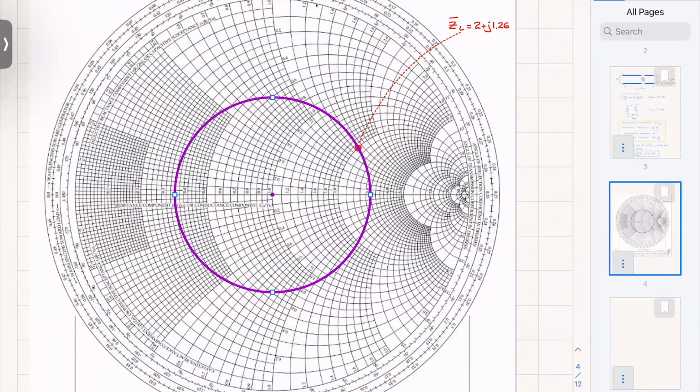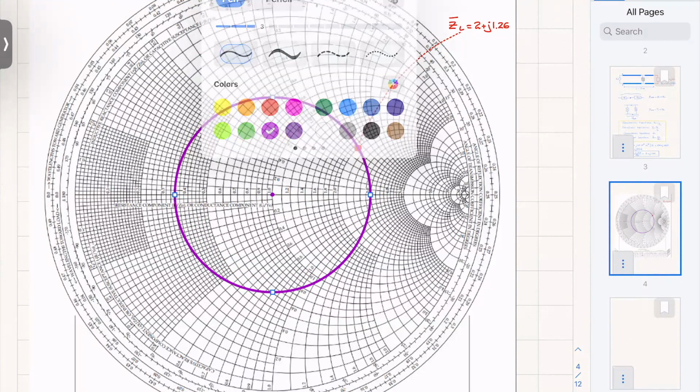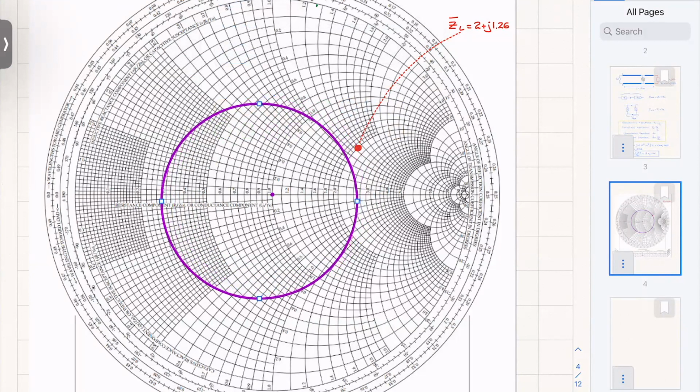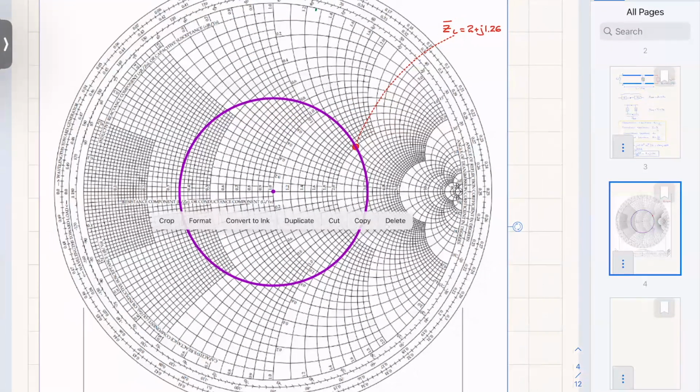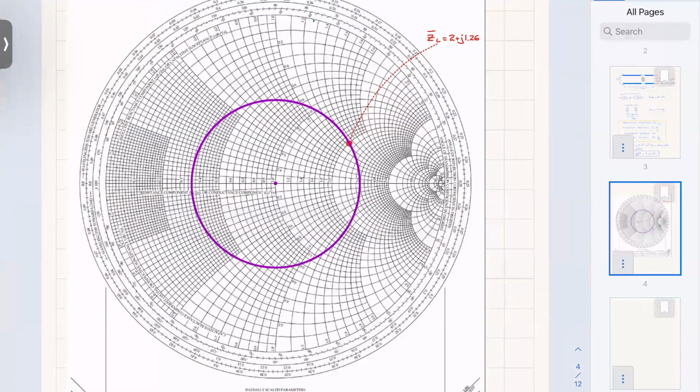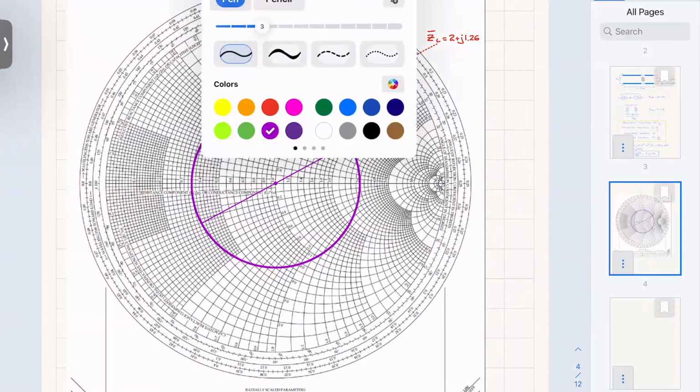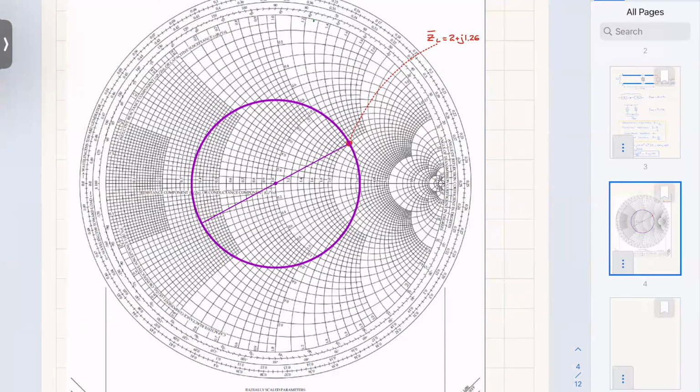That goes through my load. Then what do I do? I take a line that connects my load to the center, and I extend it until I find the other point on the diameter. That other point on the diameter is nothing else but my admittance.